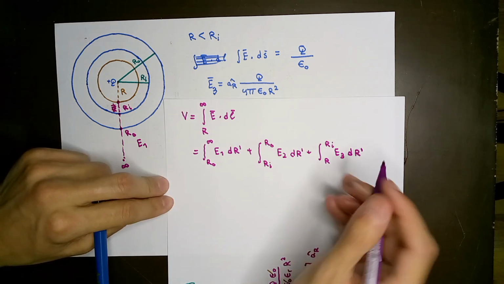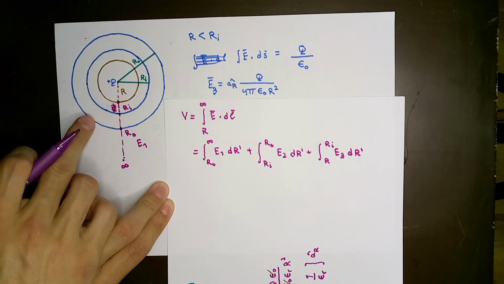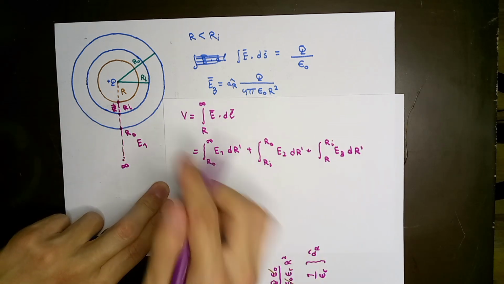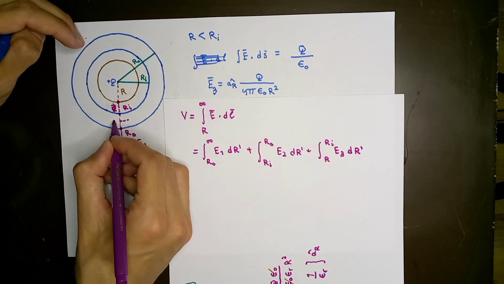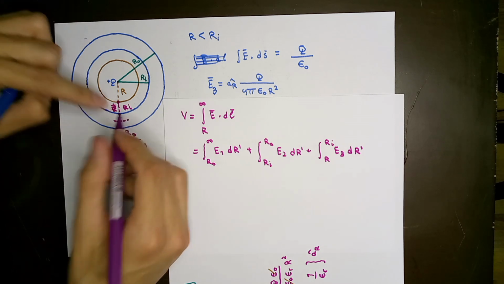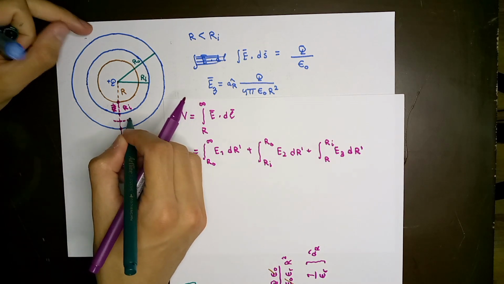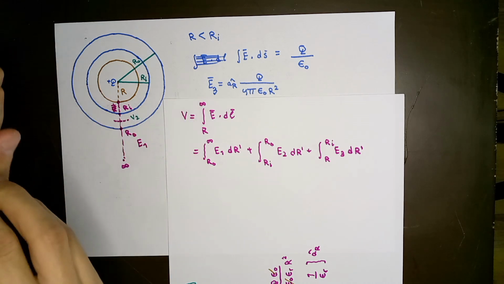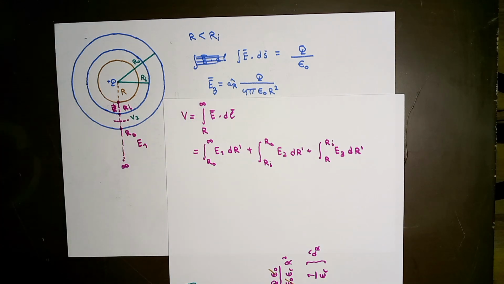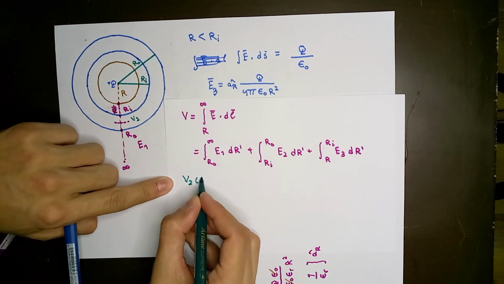Remember that when we calculated the electric potential for some point inside this new region that I have drawn, we called the electric potential at this region V2, and it was a function of r, if you remember. Am I right?